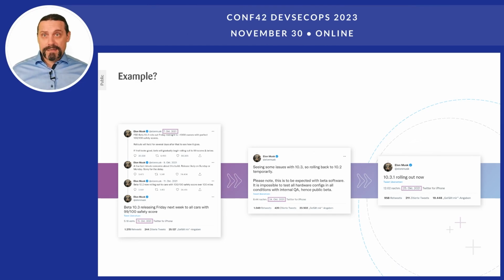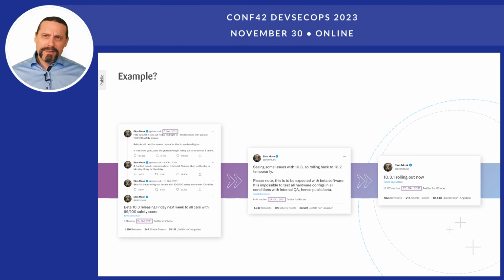Again, this means that he was able to monitor the system, or Tesla was able to monitor these cars. Then on the 24th of October, he says, ooh, there were some problems with the 10.3 release. We are going to roll back to 10.2.